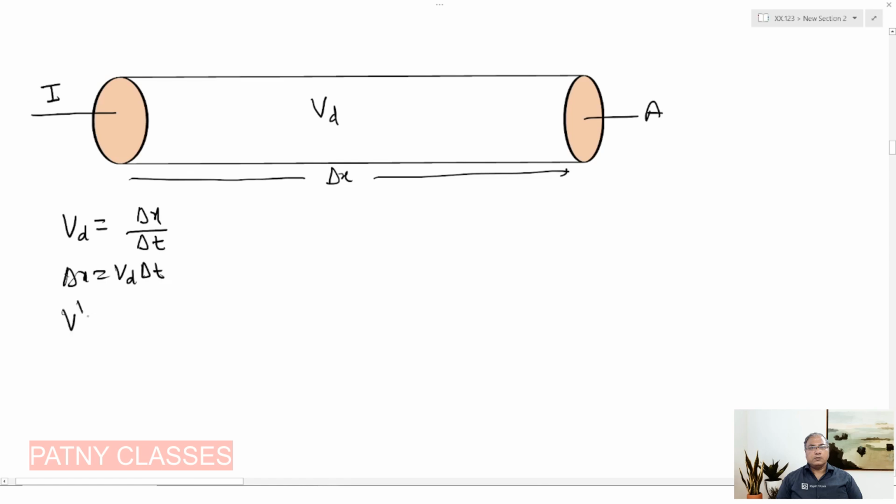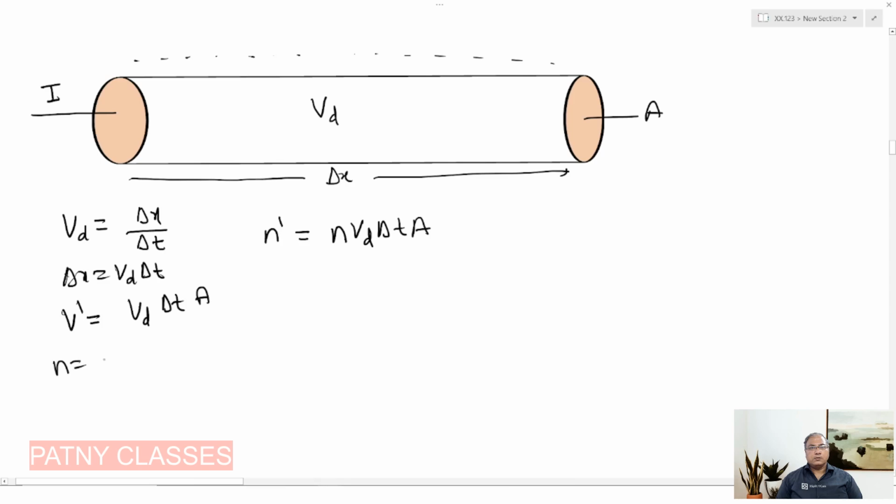After that we found the volume. The volume of the wire V dash is Vd into delta t into A. After finding the volume, we found the number of electrons passing. N dash is the total number of electrons flowing from one end of the wire to the other end, and that was N into Vd into delta t into A. What is N?